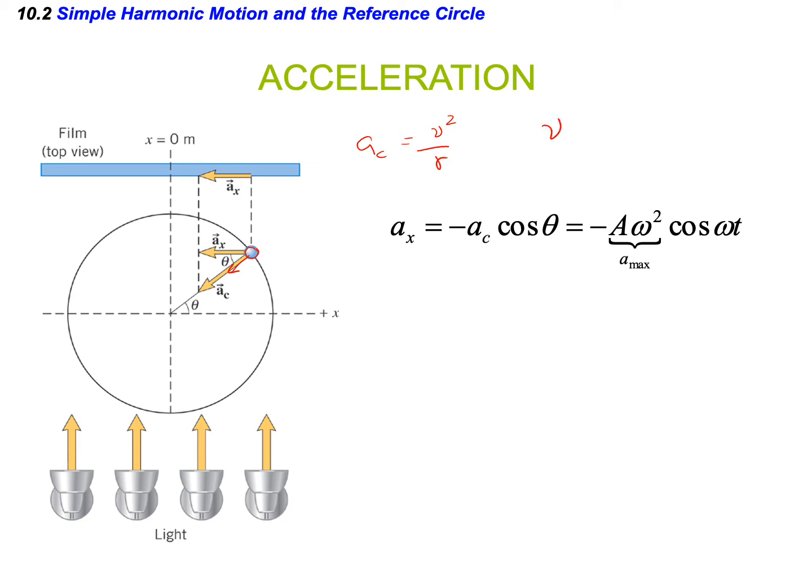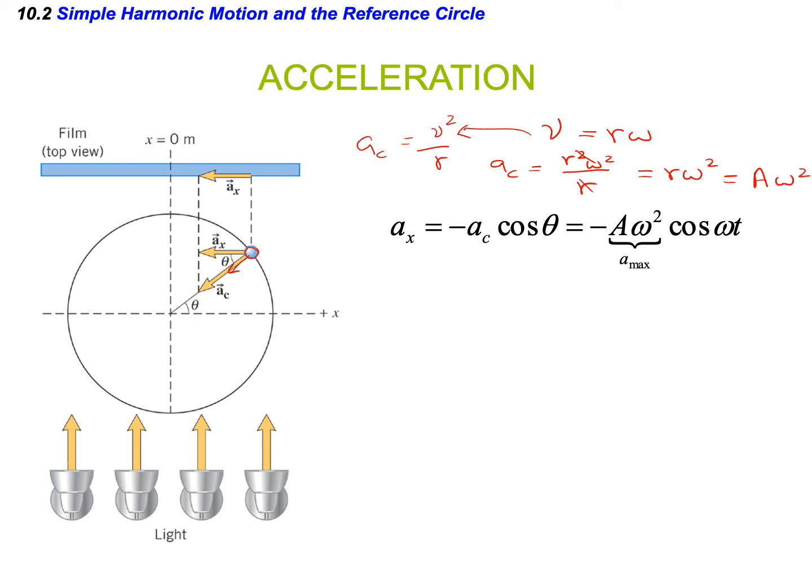So v is the linear velocity, which is equal to r omega. Therefore, acceleration is v squared over r, and I'm going to replace v with r omega, so v squared over r becomes r squared omega squared divided by r. So r cancels, and we have r omega squared. Here r equals the amplitude A, so A omega squared.